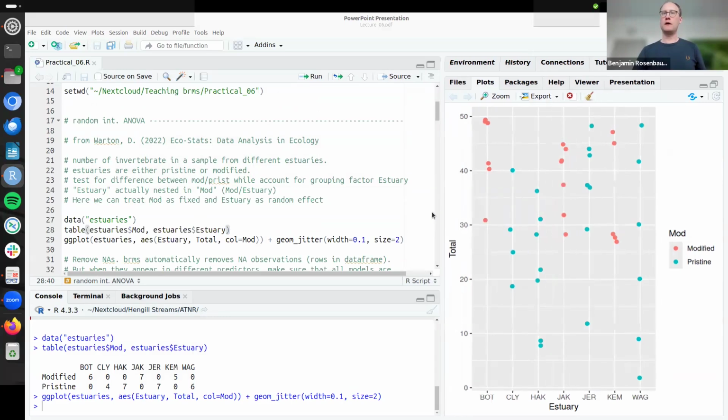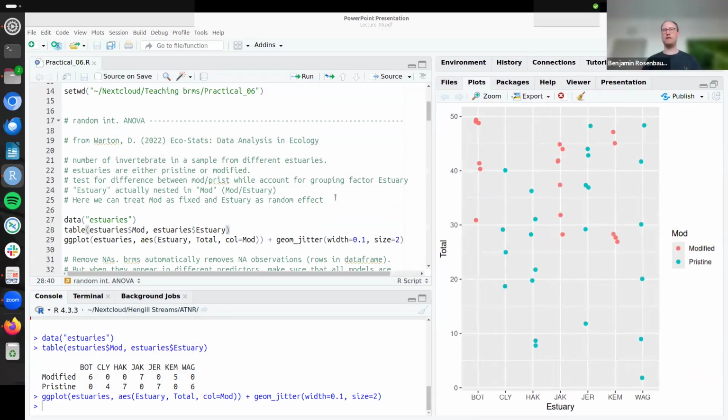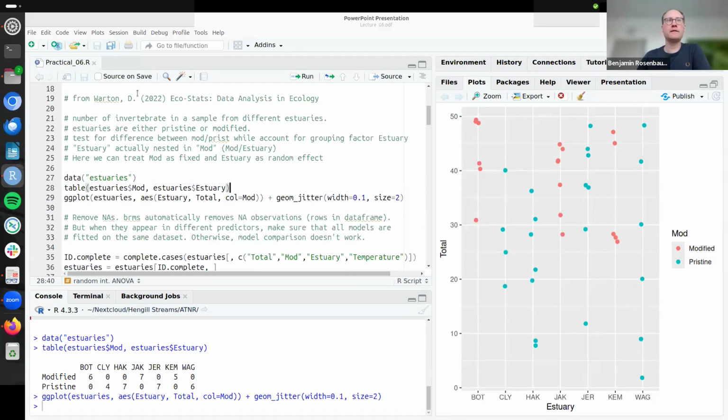So what are we modeling here? What's the data? We have a data set from Wharton's ecology book, and we count the abundance of invertebrates from aquatic samples in different estuaries.